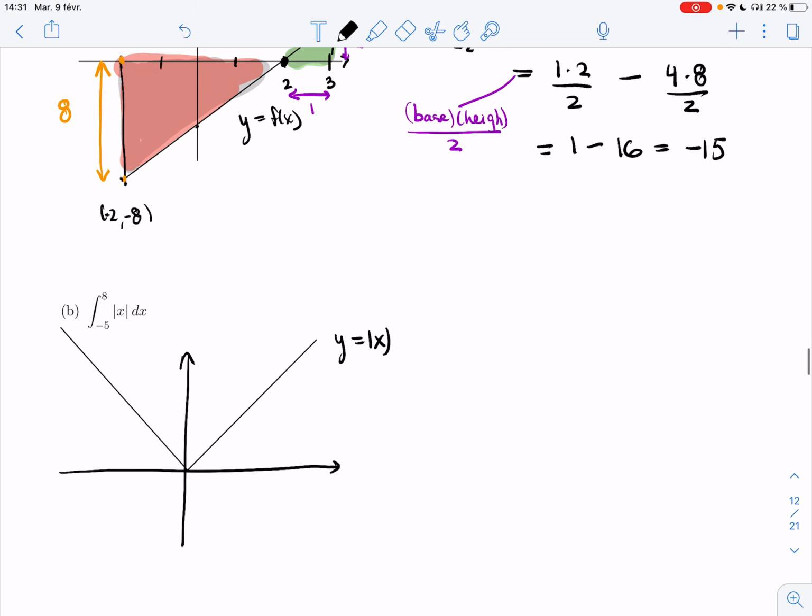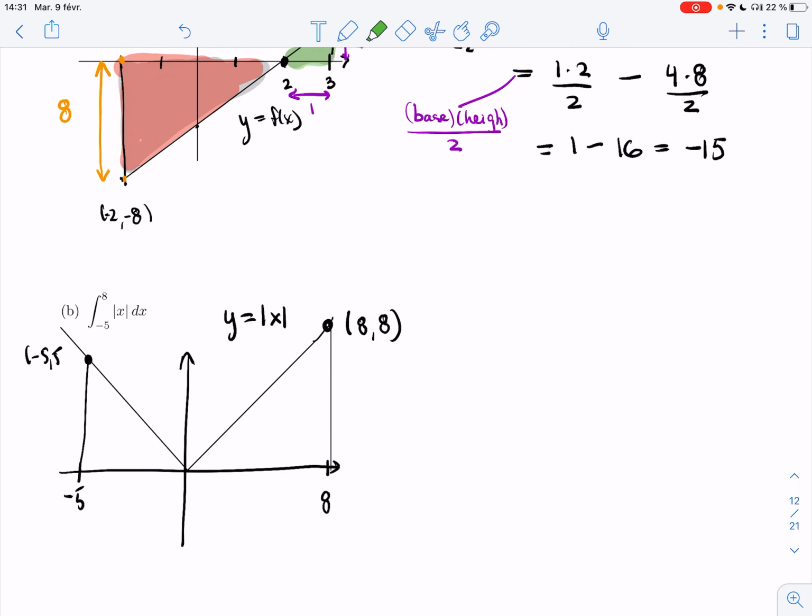So I want to look at it from minus 5 to 8. So this is 8, and this is minus 5, and so here's our region.